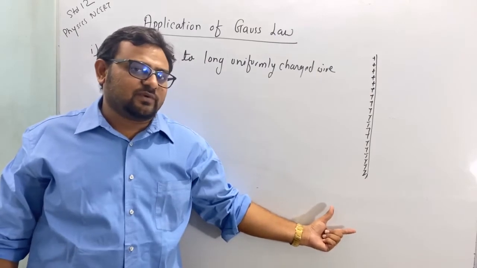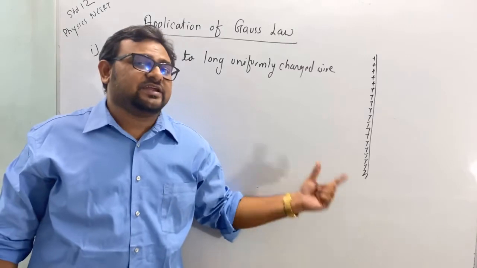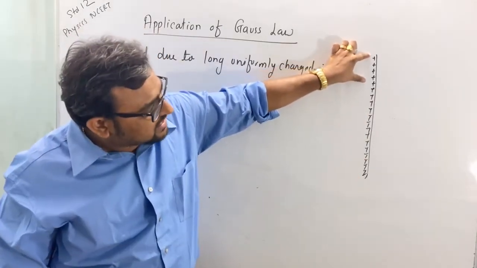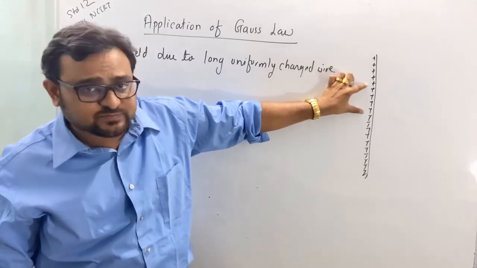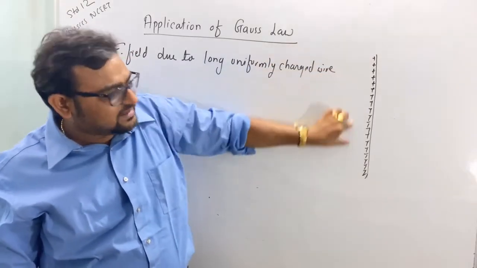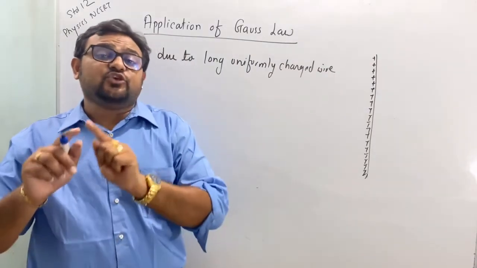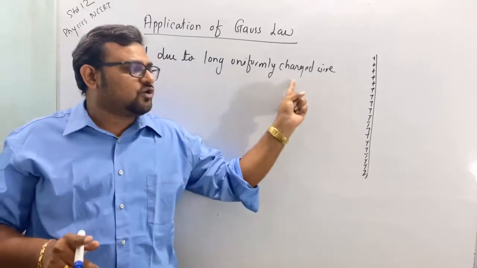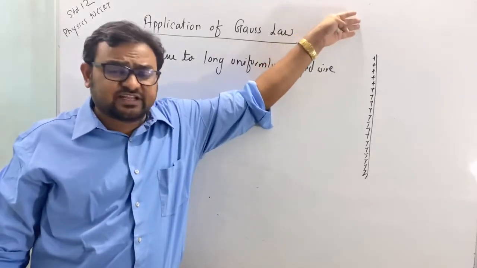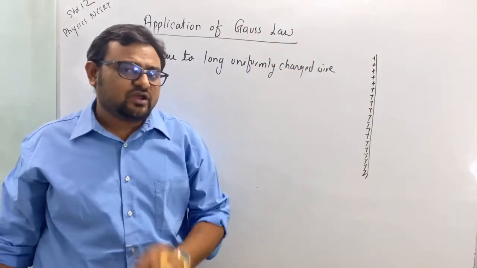The word uniformly distributed means the linear charge density is the same. It's not that at this portion there is a higher amount of charge and for the same length at this portion there is less. If you cover the same length anywhere, the amount of charge is the same. So this is a uniformly charged wire. Clear? We studied this in linear charge density.